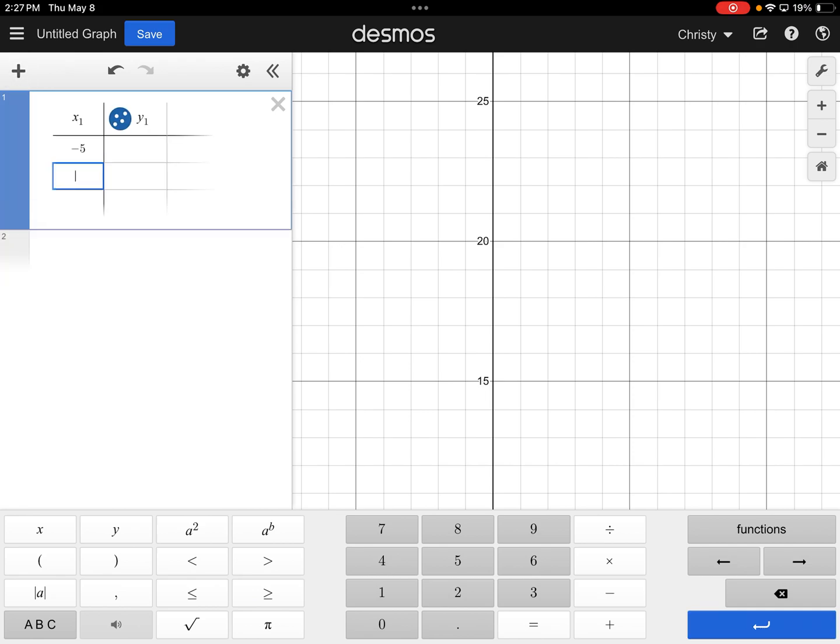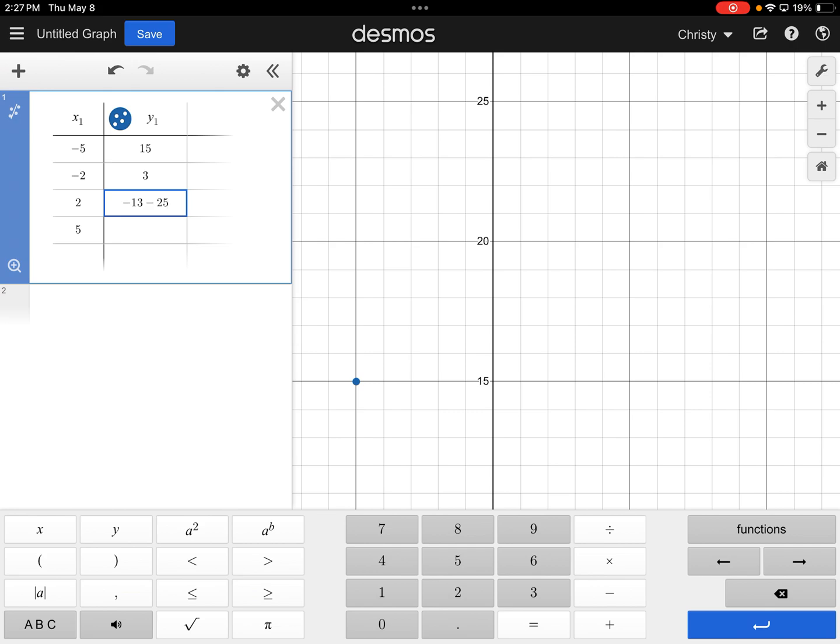So we're going to click plus sign, table. My values for x are -5, -2, 2, 5. My y values are 15, 3, -13, -25.